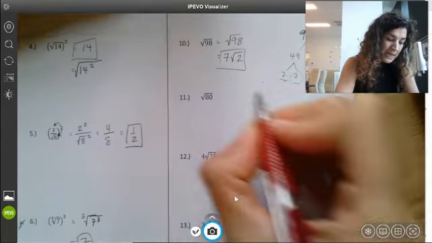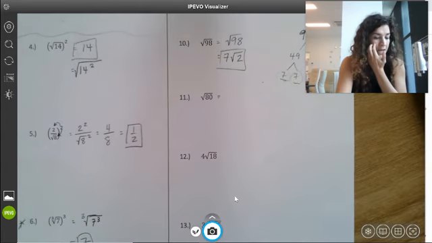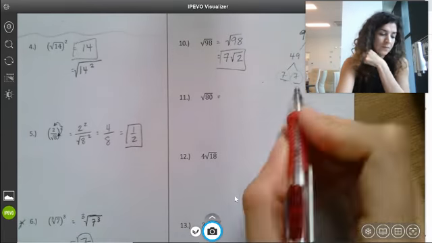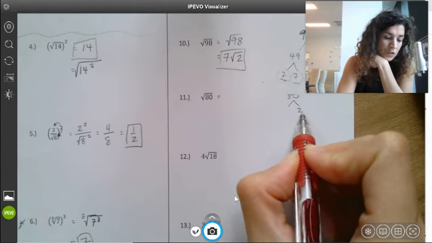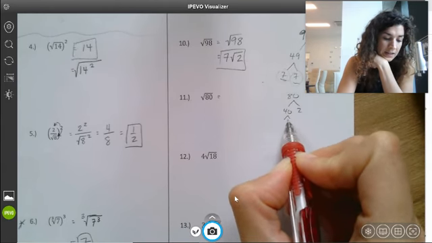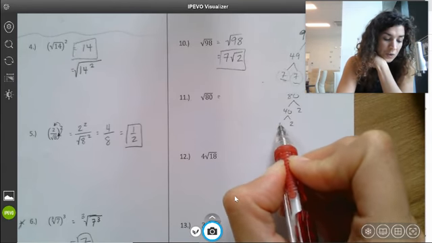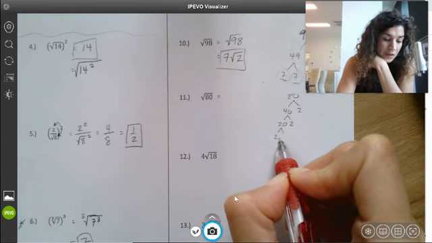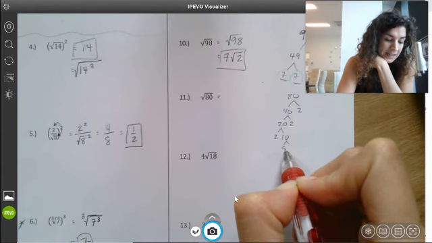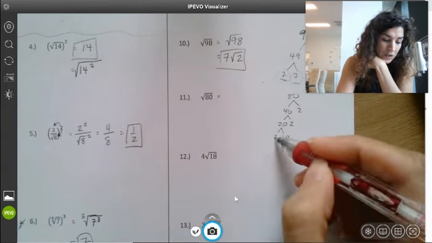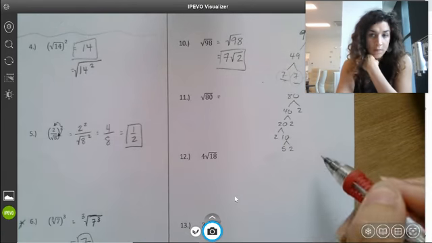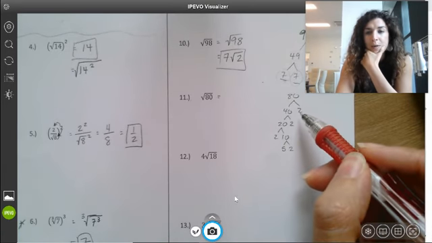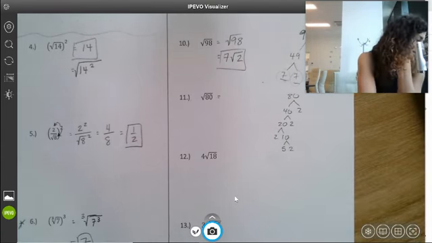For problem 80, we have 2 and 40, and another 2 and 20, and then another 2 and 10, and then 5 and 2. So I noticed that 2 to the 4th power occurs there, which means I think 16.